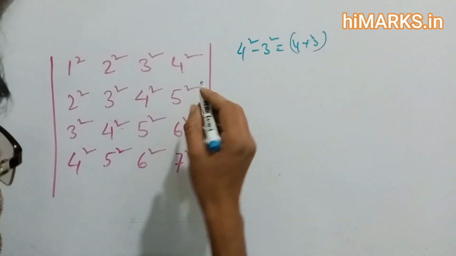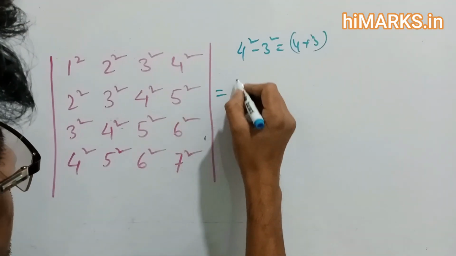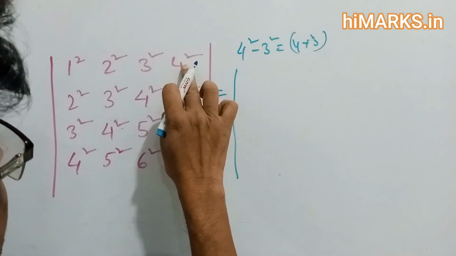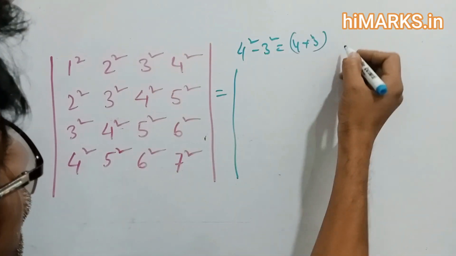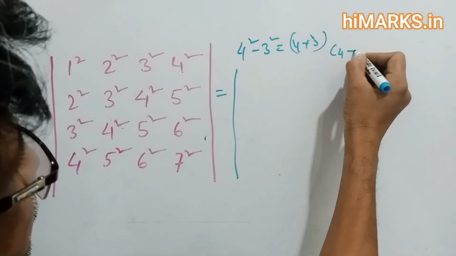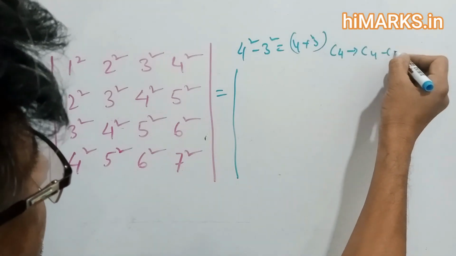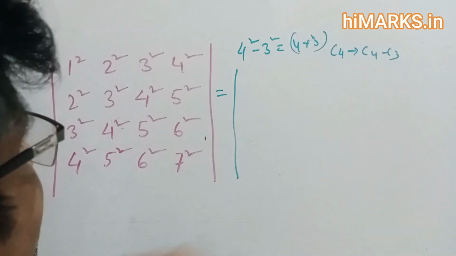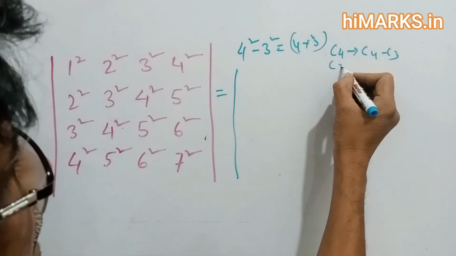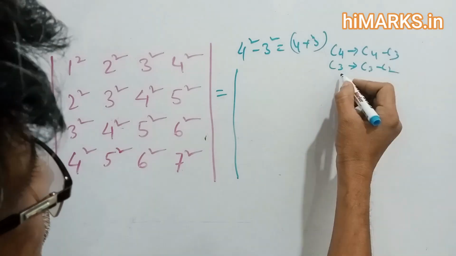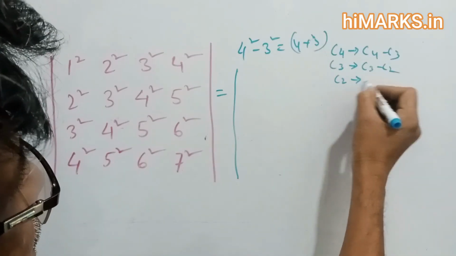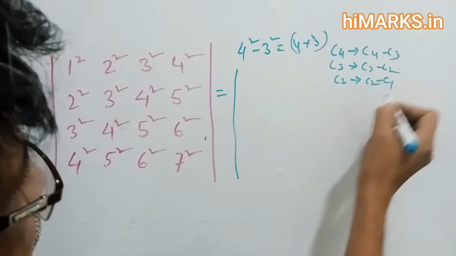So with that, let's see if we do this minus this: column C4 becomes C4 minus C3, C3 becomes C3 minus C2, and C2 becomes C2 minus C1.